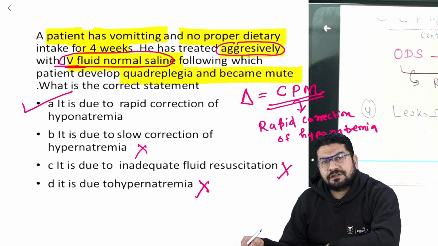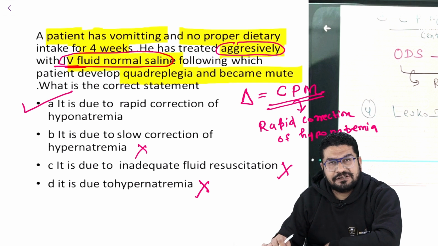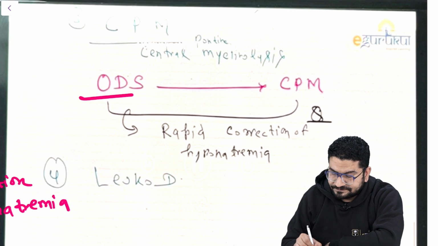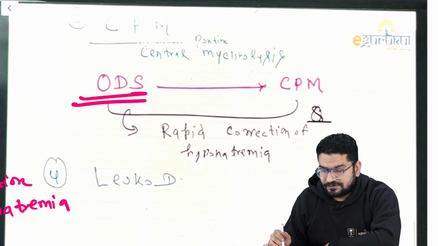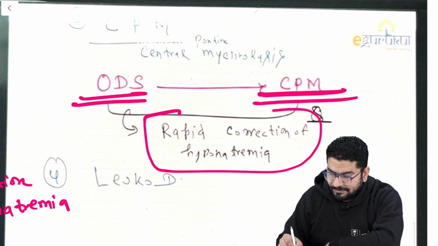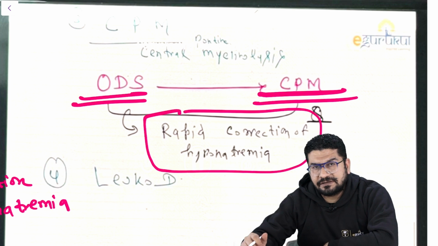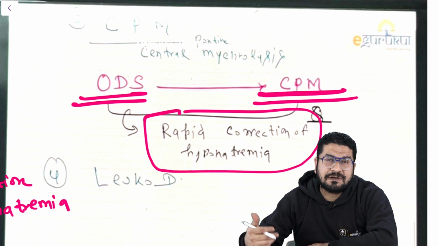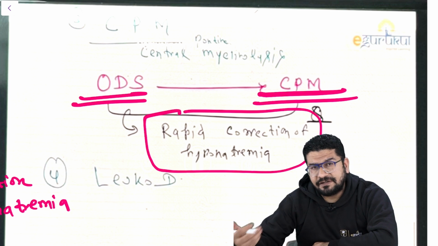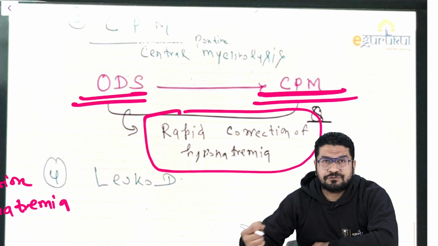You know there is a reaccumulation of osmolytes, so initially the patient will develop ODS. ODS is osmotic demyelination syndrome. Then this can progress to central pontine myelinolysis, and this is due to rapid correction of hyponatremia. We consider this a demyelinating disease of the brain, a part of demyelinating CNS disease seen due to rapid correction.